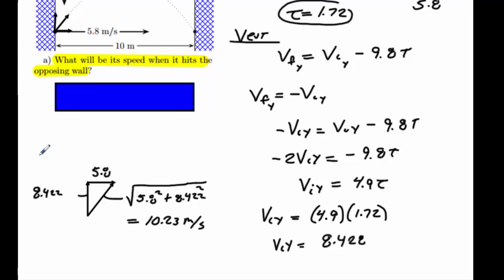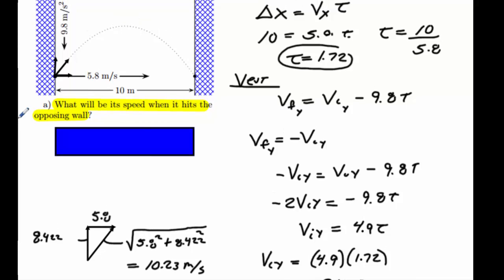Now you can ask yourself, if I go up here at 10.23, and I come down at the same vertical velocity except in the opposite direction, and this velocity doesn't change, then could you not say that this velocity right here has got to be the same thing? So when I hit that wall, this velocity will also be 10.23.